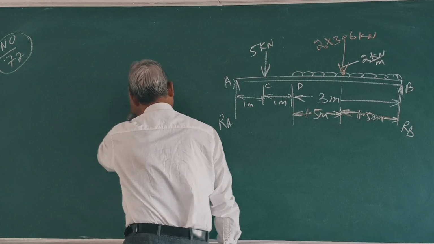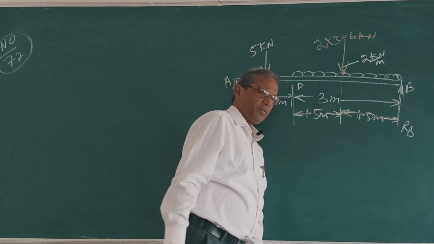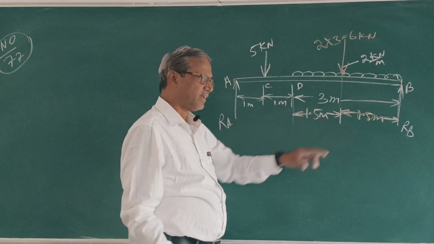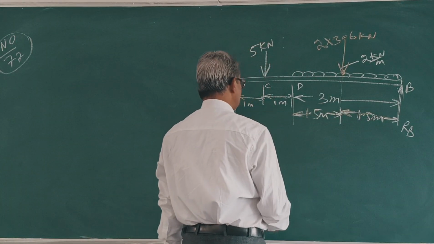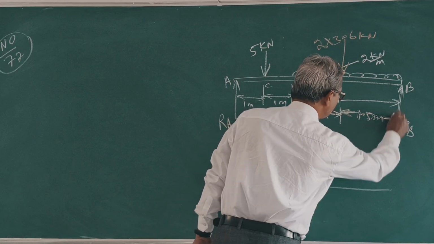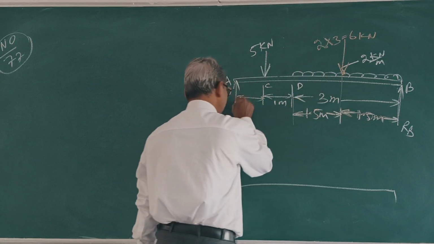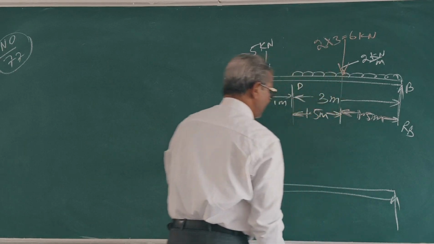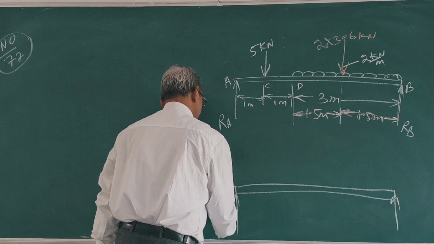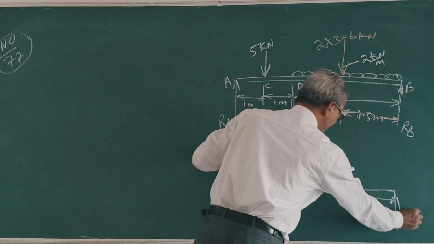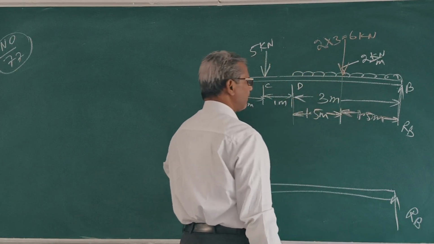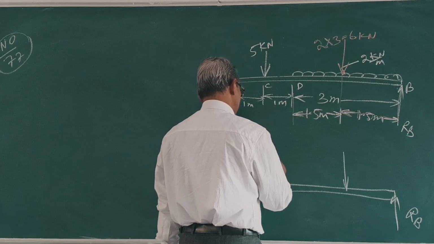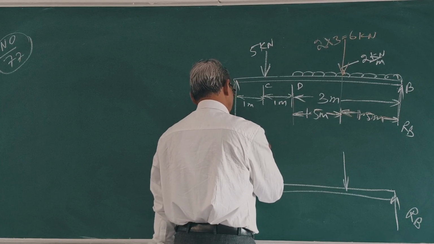Now give some virtual displacement y at B. This is the beam. This is RB, this is RA. Clear? This is 3 kilonewton, 6 kilonewton, this is 5 kilonewton.